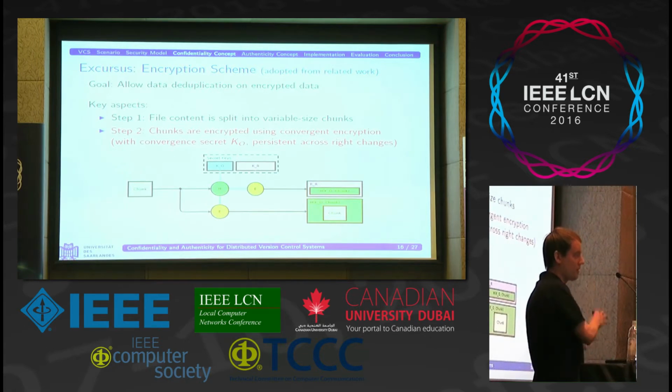Then we use the resulting hash value to encrypt the chunk content using a deterministic encryption scheme, and only the chunk key that we computed is actually encrypted with the file key. The reason that we do that is that the ciphertext of the chunk is unchanged even if we change the file's key, which we need to do when access rights change.